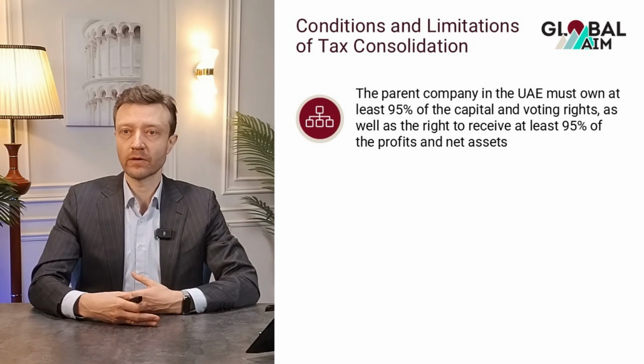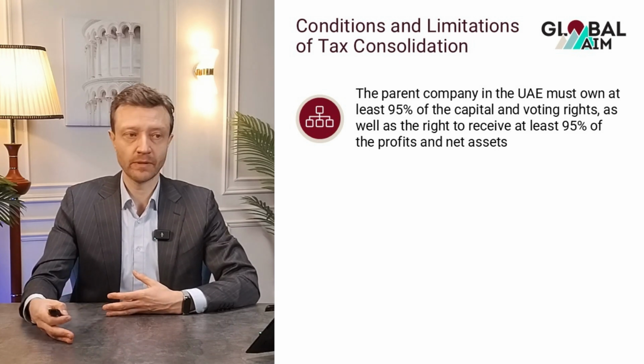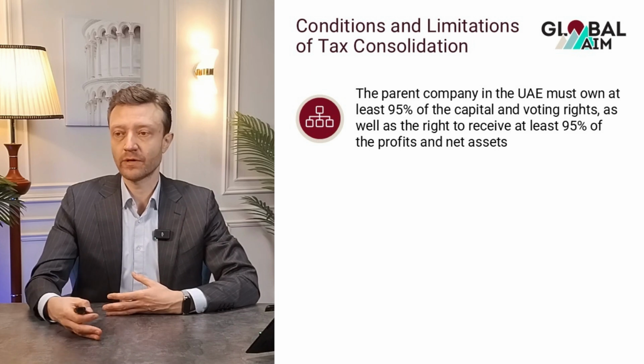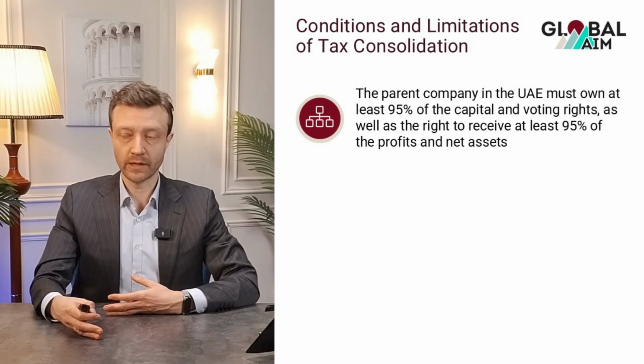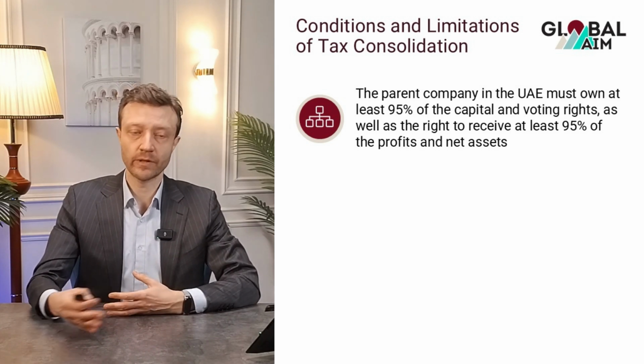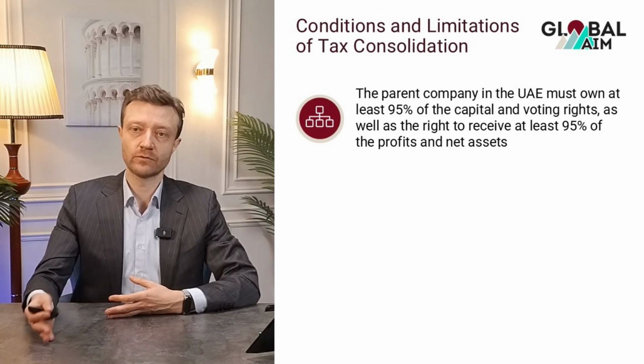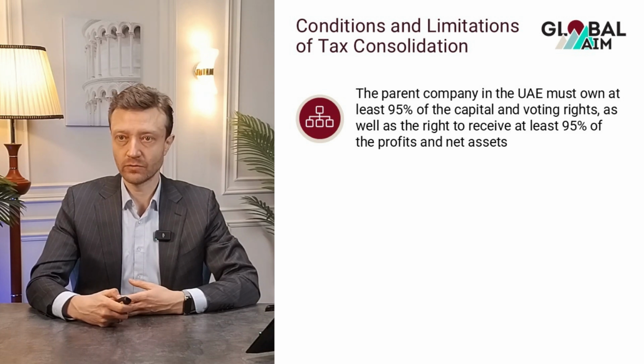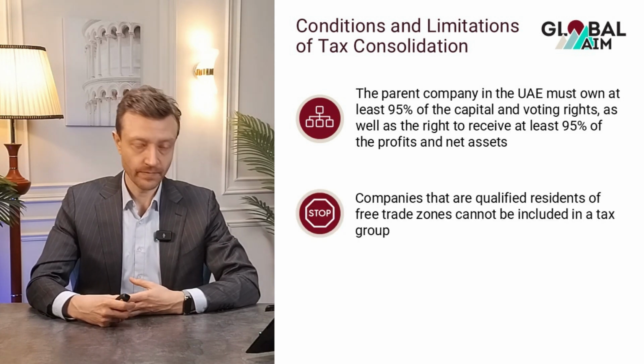And in addition, the same threshold applies to the voting rights as well as to the rights to receive dividends and liquidation proceeds from the subsidiaries. So 95% is a strict condition to be met to apply to form a tax group.